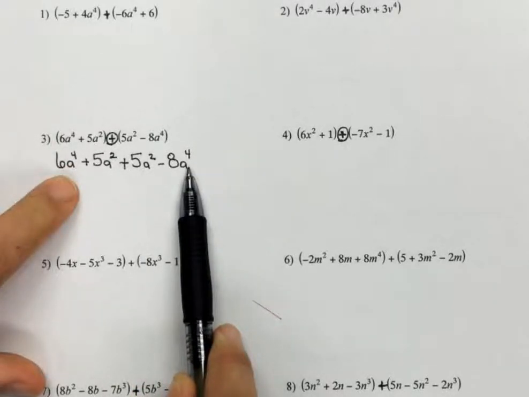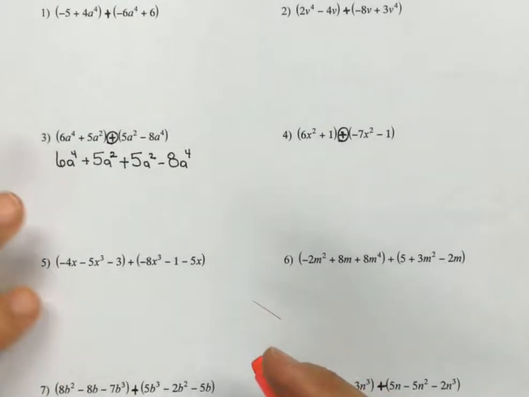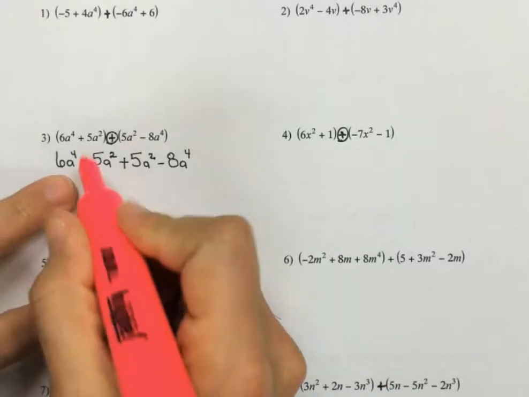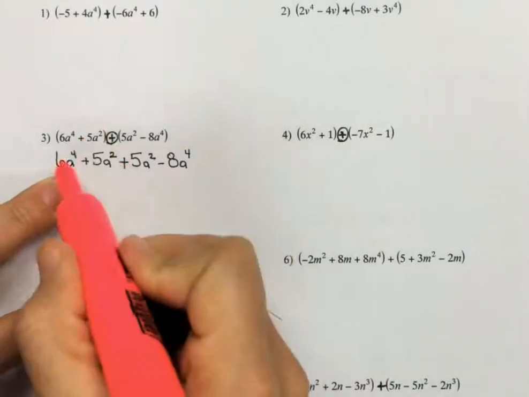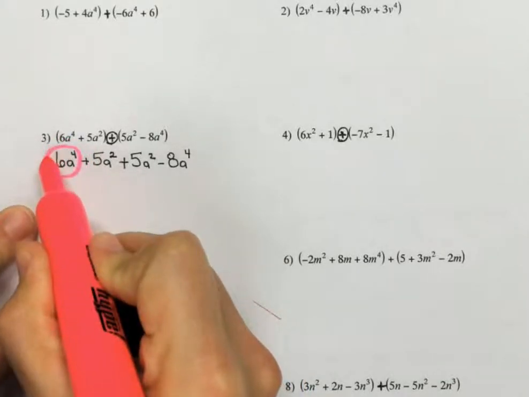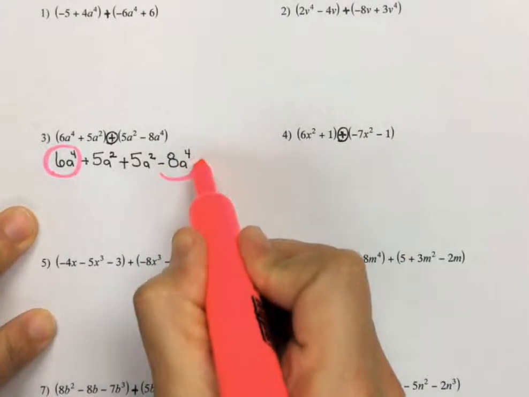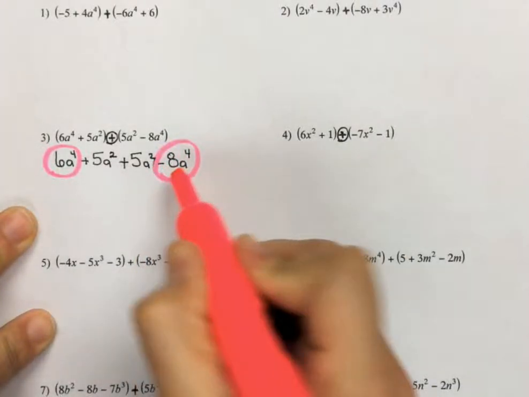A to the fourth is my highest exponent. Just like in class, we started with pink. You are going to highlight or circle any term that has a to the fourth, including the number and the sign. Negative 8 or minus 8a to the fourth.